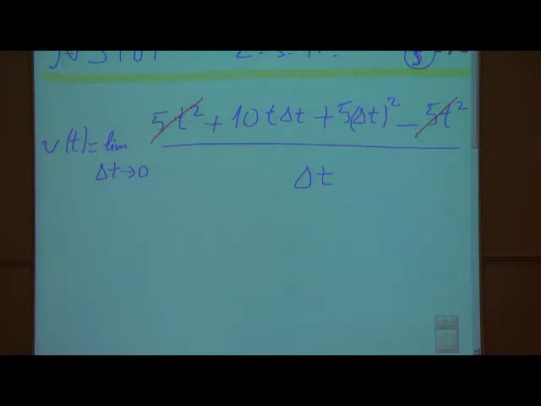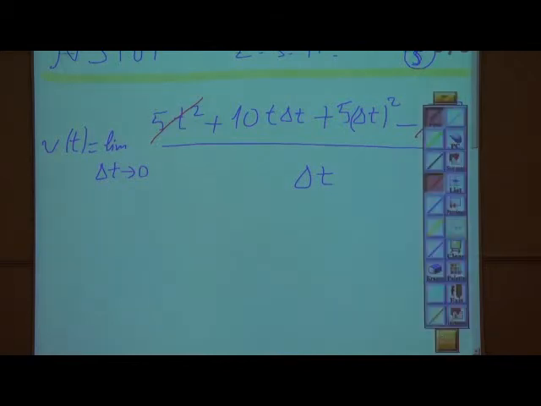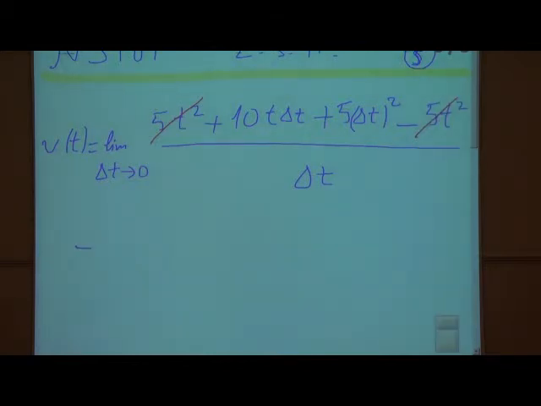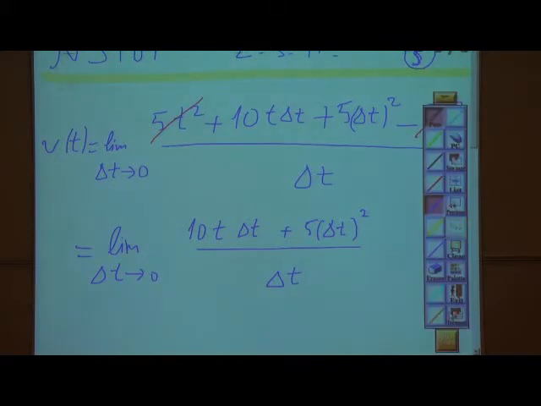Now, what will happen? This equals, I will take the limit at the end, now the delta x upstairs, in all of its terms it has delta t's.